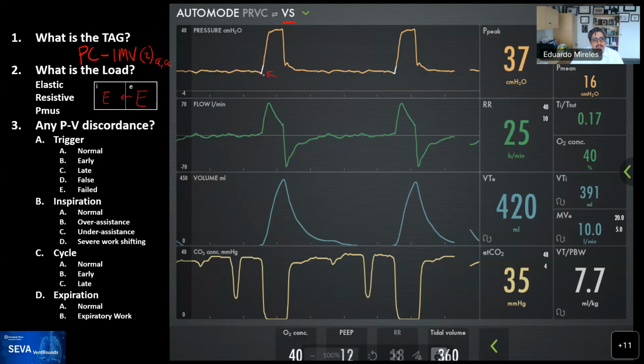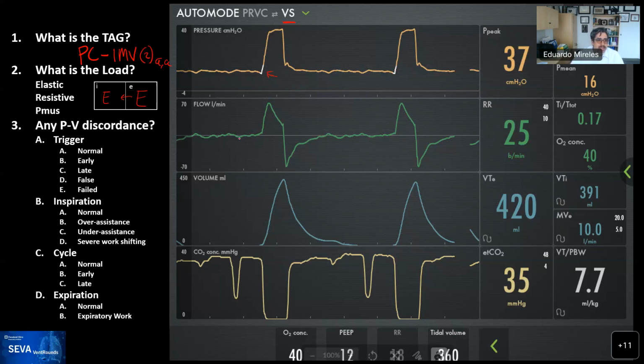And there's a little bit of negative deflection before the breath. So it does look like the patient is triggering, and you see the flow actually cross above the baseline, triggering the breath.